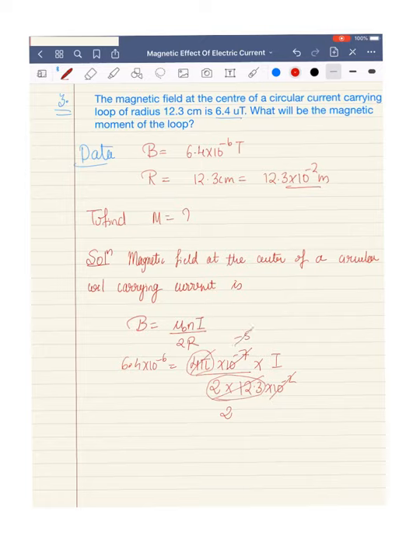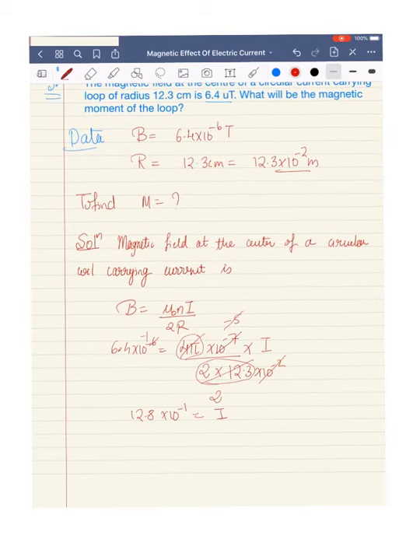So 2 into 10 raised to minus 1 into 6.4. So the total current that you get is 12.8 into 10 raised to minus 1, so 1.28 ampere. That is the total current.